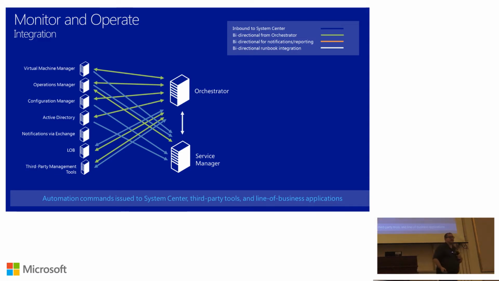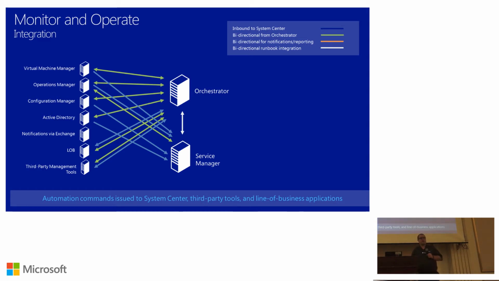I deploy a new software, I want to have it registered in my central database. Ops Manager gives data to the Service Manager, Virtual Machine Manager, our distributed applications, our server templates. We have integration in Exchange for notification channels, line of business applications, third-party management tools. This is at the end what we need for the Orchestrator.